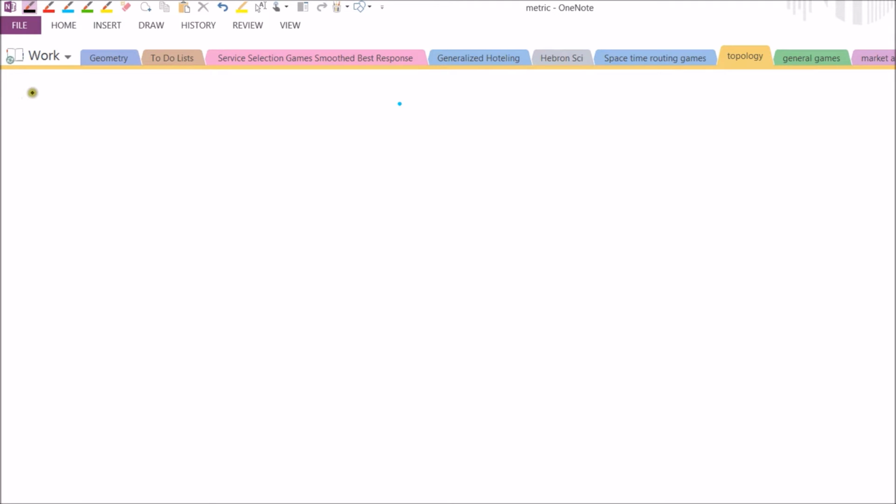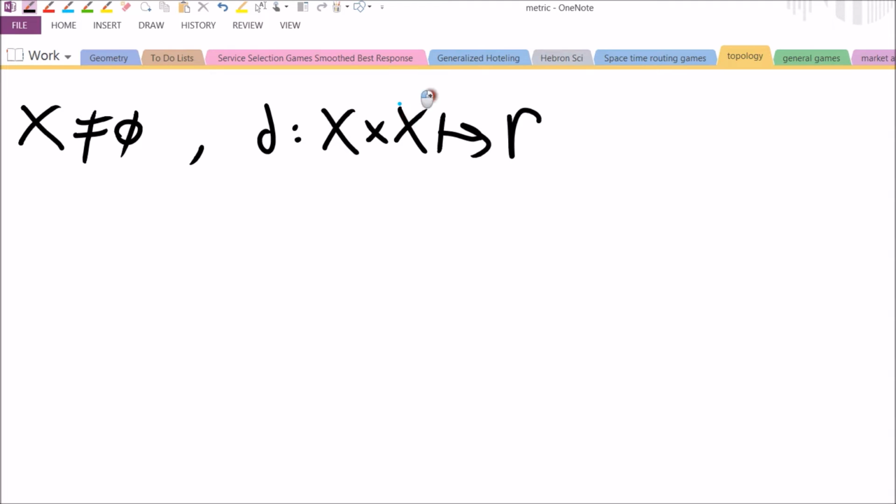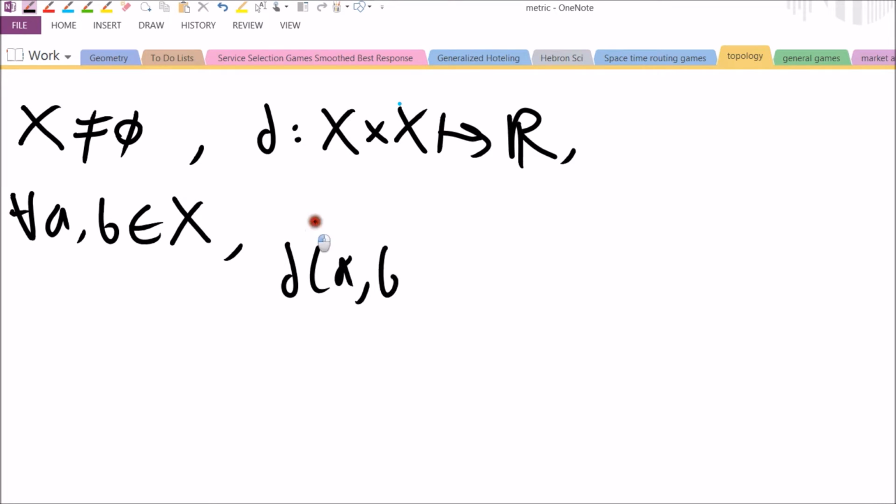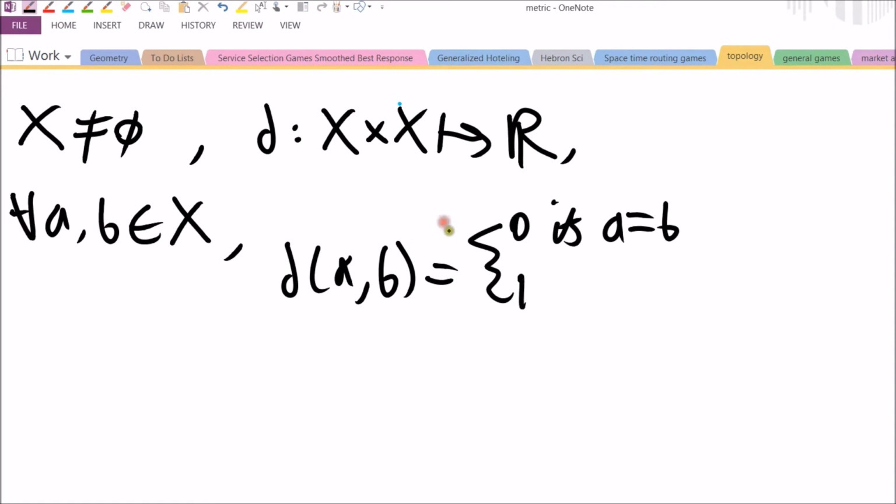If you have any set at all that's non-empty, then you can define a metric on it, which is such that for every pair of elements in that set, the distance between them is equal to 0 if they're equal to each other, and it's equal to 1 if they're not equal to each other.